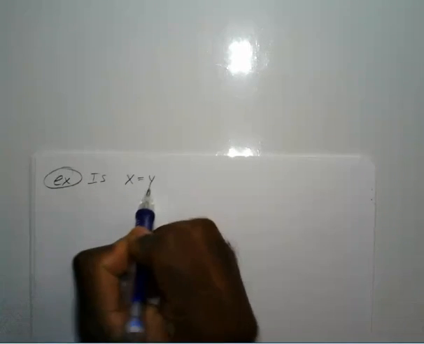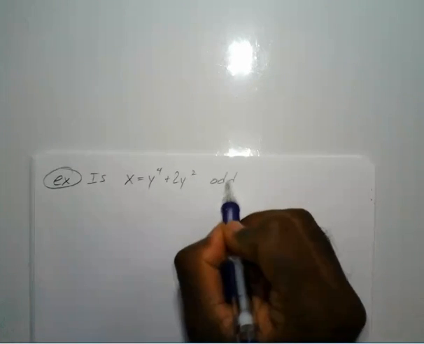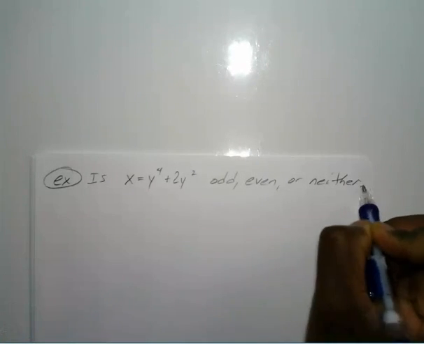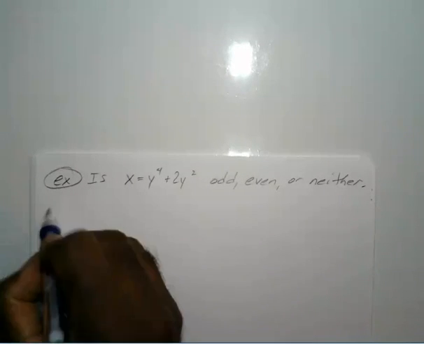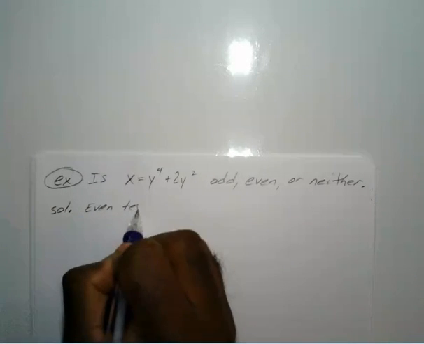Okay, so let's say, for example, let's say if we want to see if x equals y to the fourth plus 2y squared is odd, even, or neither. Let's try the even test first.